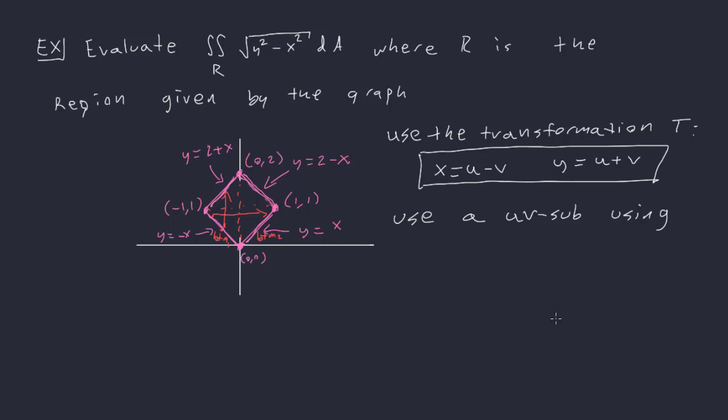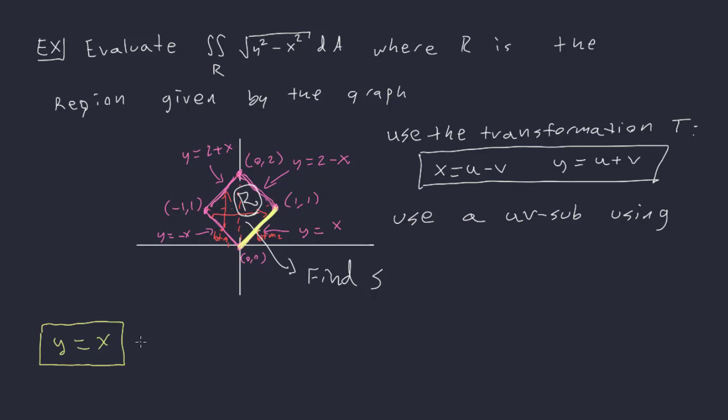There are a few things to get this going. One, this is our R. We need to find S. And this is where this becomes a bit of a puzzle piece. Let's start here. I'm going to put this in yellow, and I'm going to look at the y equals x line.